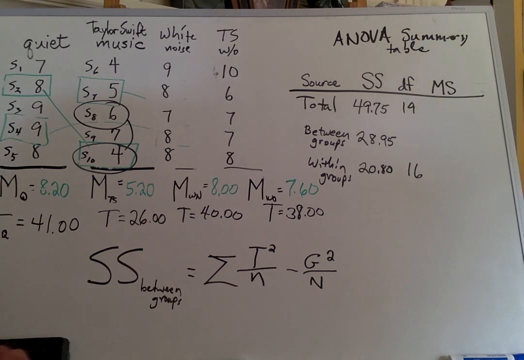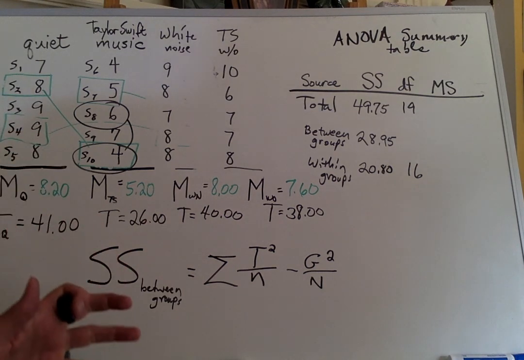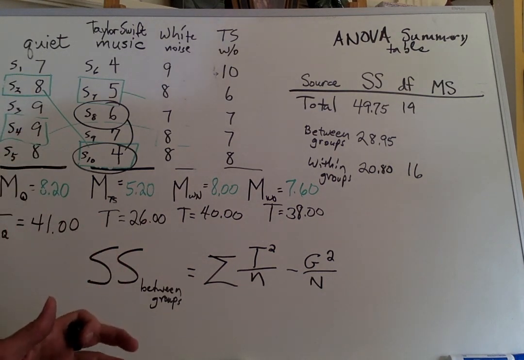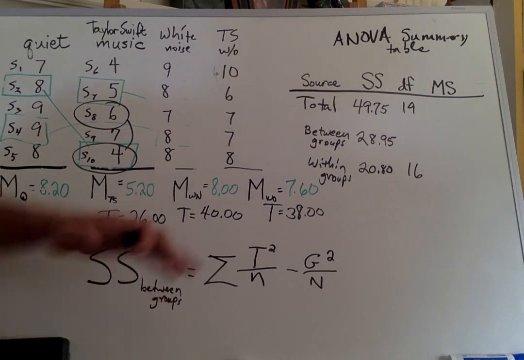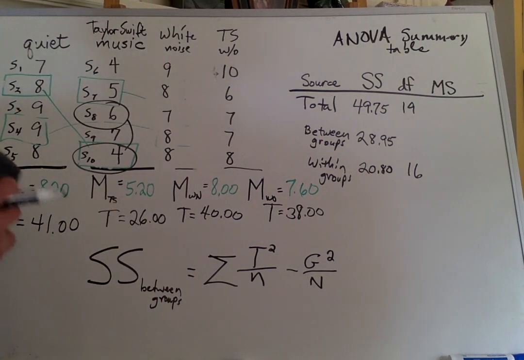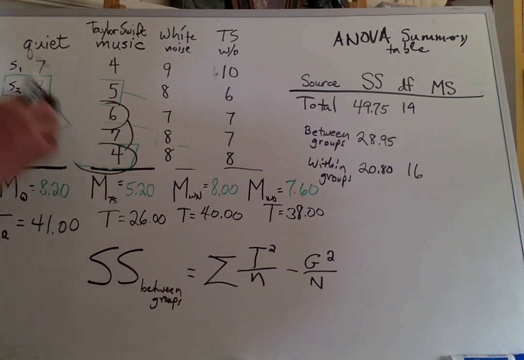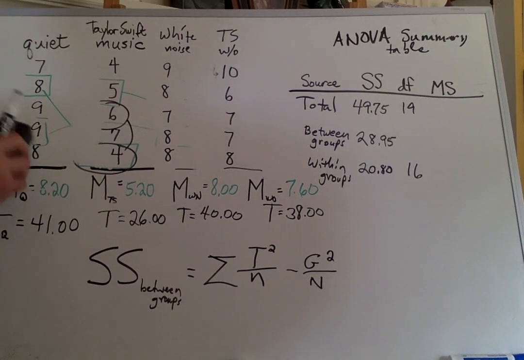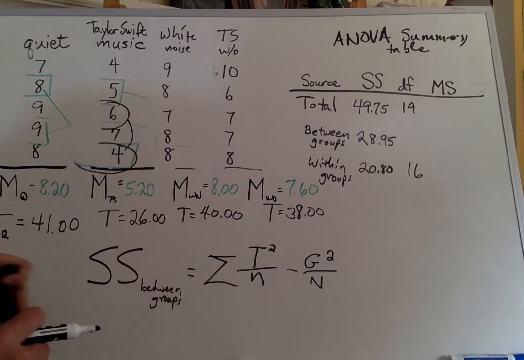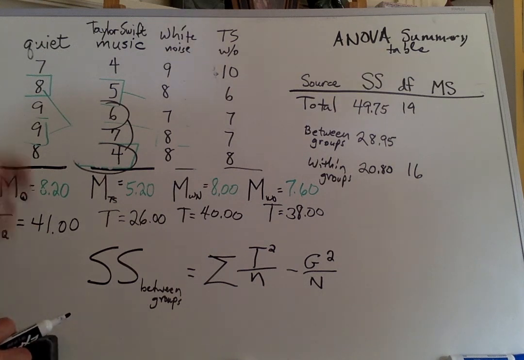Here's what I really want you to notice. Guess what? The total variability is how much variability there is in these 20 numbers. Here it is, 49.75 for the sum of squares. But do you notice the relationship here?